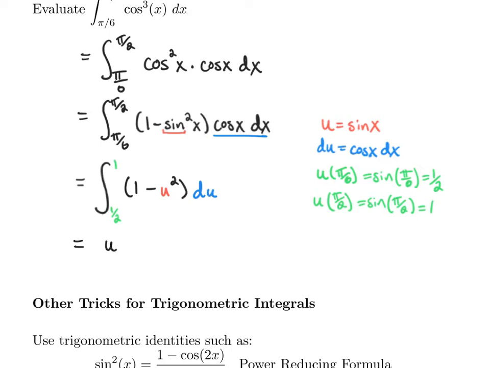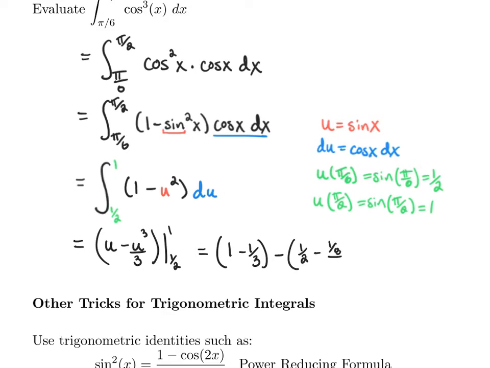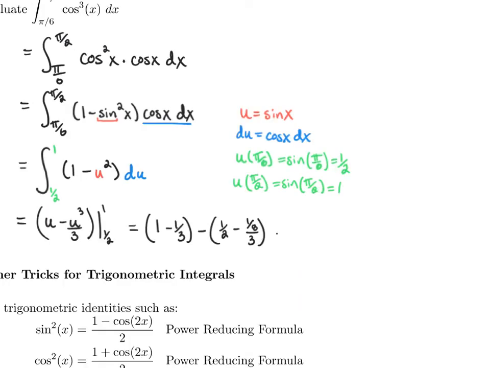So the antiderivative is u minus u cubed over 3, and we are evaluating that over the interval 1/2 to 1. So we just evaluate at 1, so 1 minus 1/3, minus, and then at a half, a half minus 1/8 over 3. Just do a little bit of simplifying in common denominators.